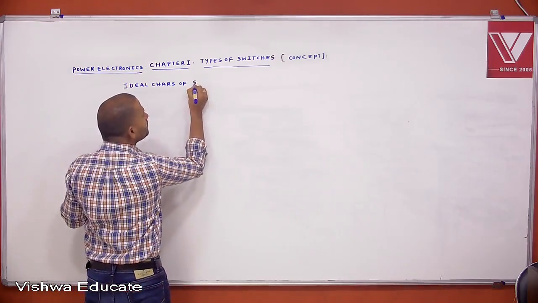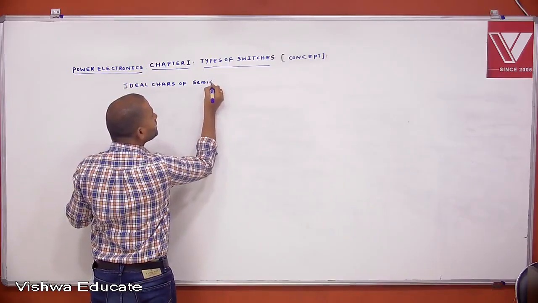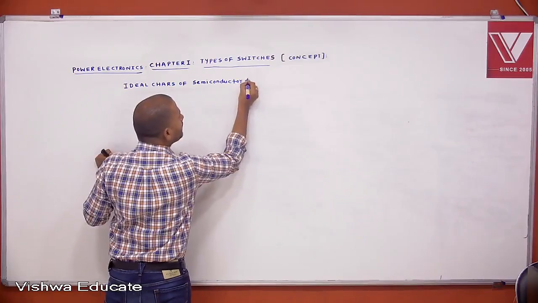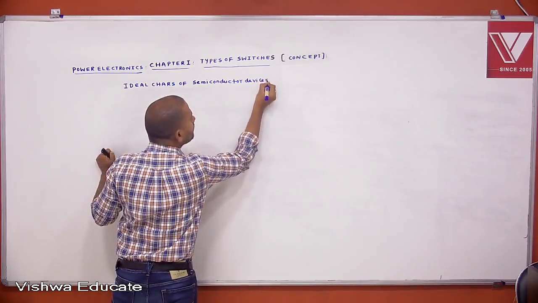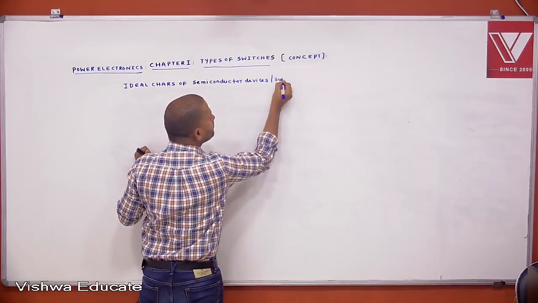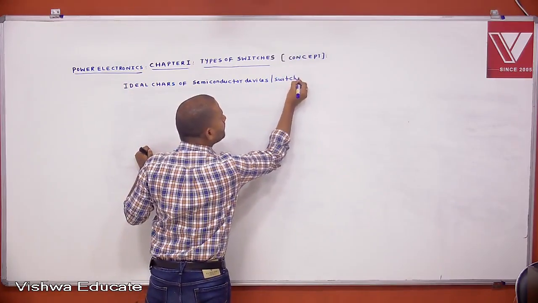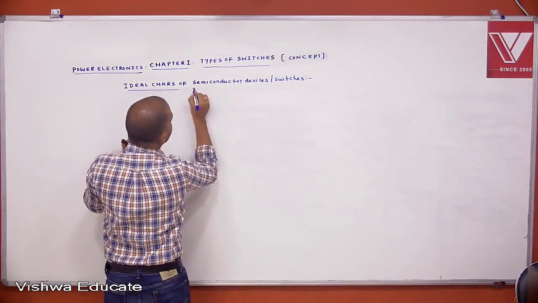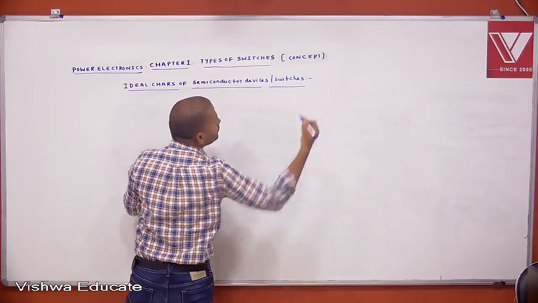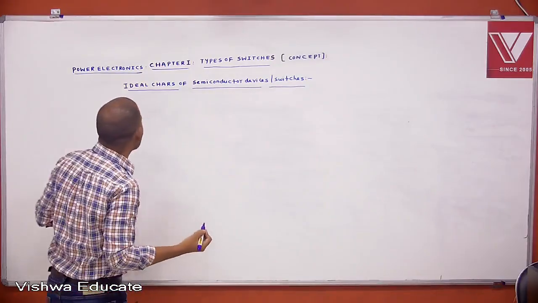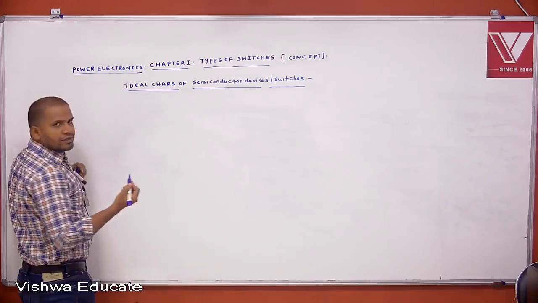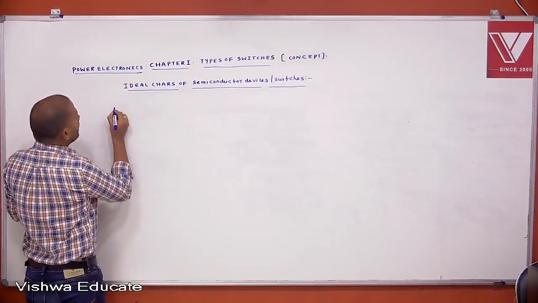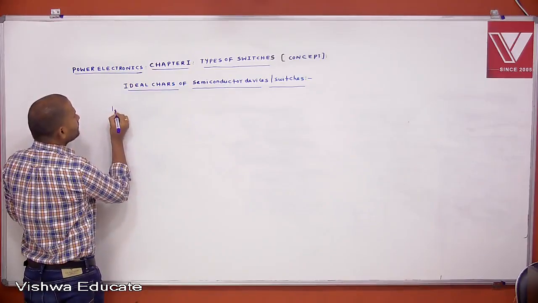Ideal characteristics of semiconductor devices or switches. First we will see, we'll start with the first one, a diode.